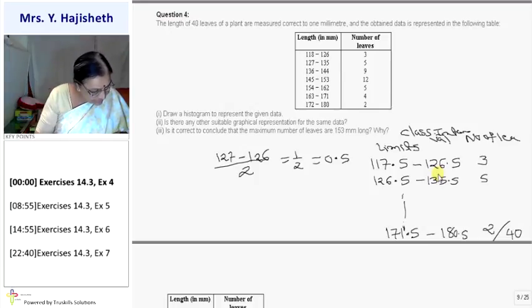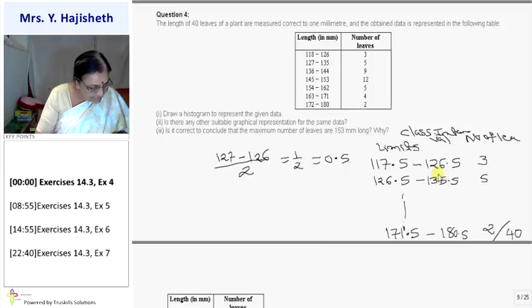Is it correct to conclude that the maximum number of leaves are 153 mm long? See, what is the class with the highest frequency? The class with the highest frequency is 145 to 153. So 12 leaves have length from 145 to 153.